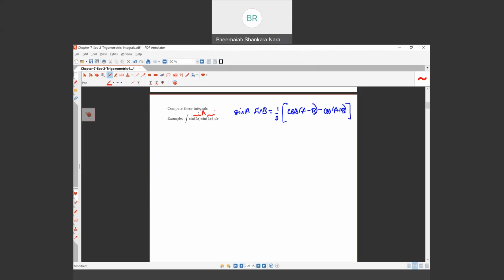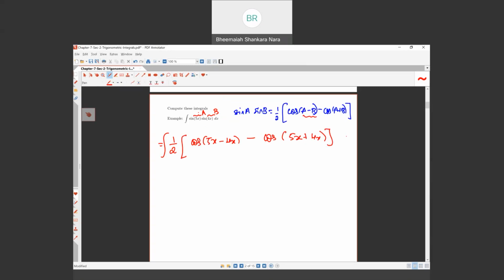So let's apply the formula, sine times sine. So when we do that, we get 1/2 integration. The function will be cosine. We have to subtract the angle. The formula says A minus B. A is 5x, B is 4x, and then negative cosine A plus B. We have to add the angles 5x plus 4x and then close the bracket.